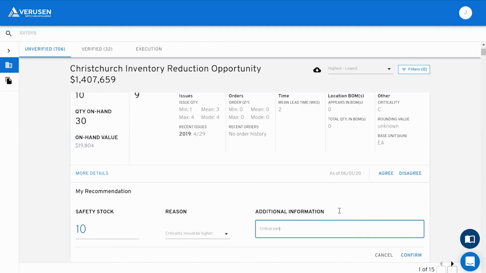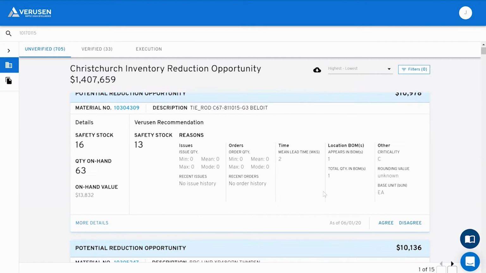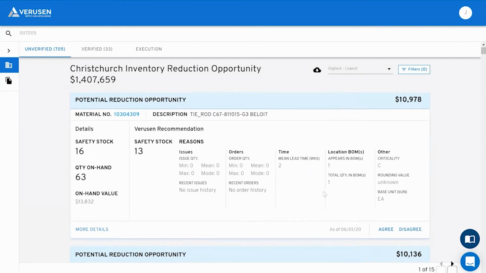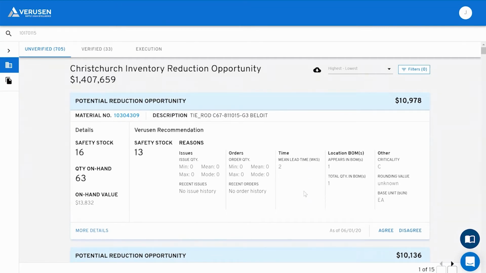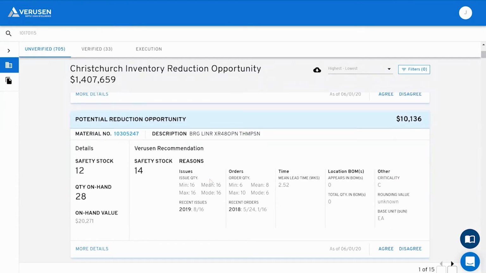So I, as a user and an expert, can now tell you why I disagree and give you some additional information that can be applied to that material. I know dollar value, and this begins registering and giving each individual plant, division, leadership, a full view of what's available and ready to take action, and that's where that speed to value comes in.